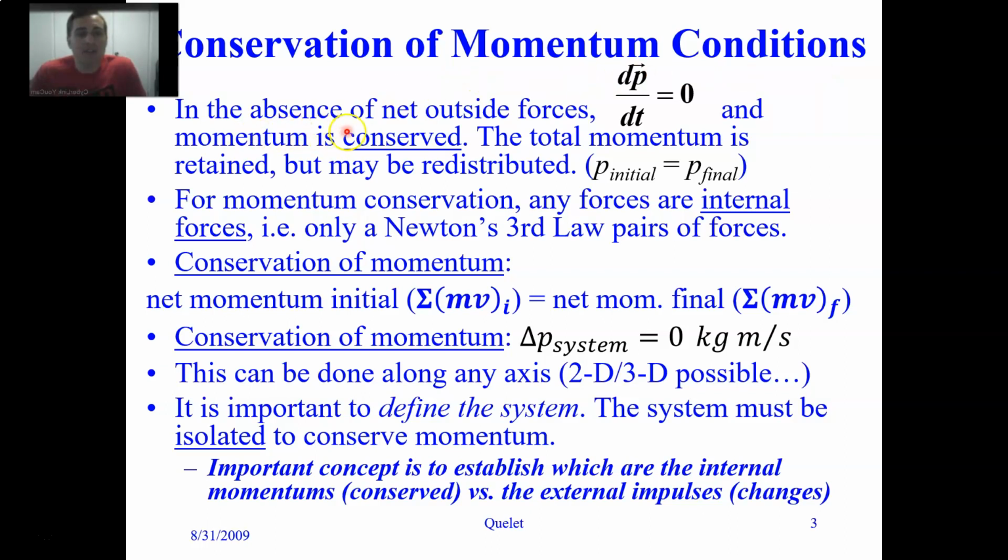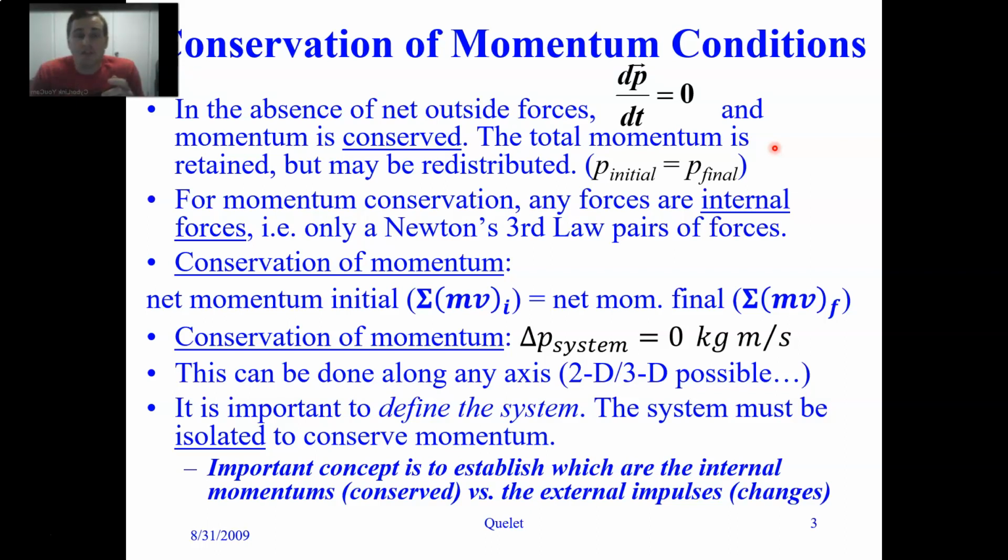In the absence of net outside forces or external forces on a system that you've defined, so that dp vector dt equals 0, the momentum is conserved, that is, the total momentum is retained. It may be redistributed amongst objects, but p initial, the total momentum of the system coming in, is equal to p final, the total momentum of the system going out.